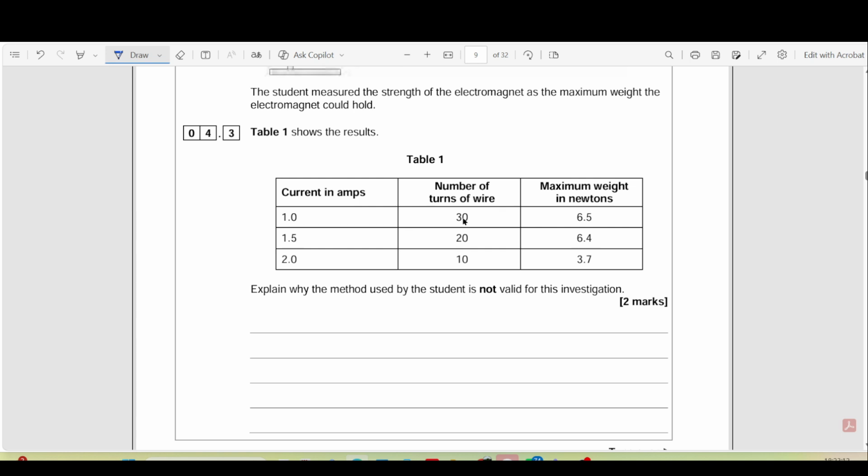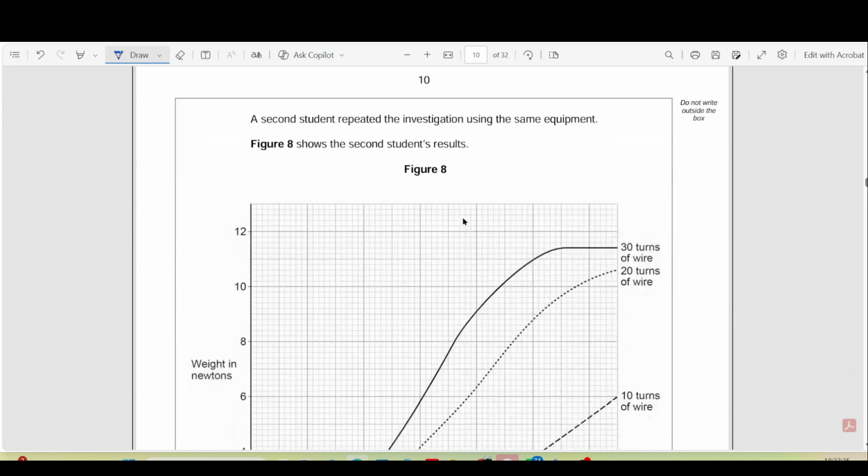Again, multiple variables are being changed here, right? Yeah. At the same time. So whenever multiple variables are being changed, we cannot see the effect of each properly. That's why it is invalid. So therefore it is impossible to determine the effect of either variable and it's invalid.